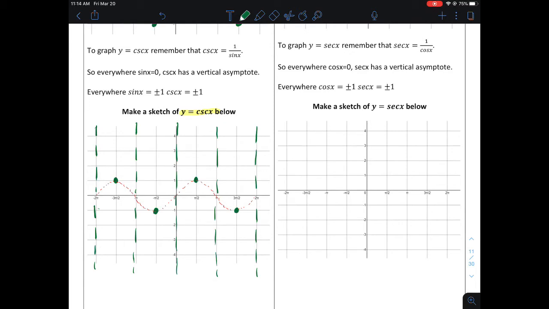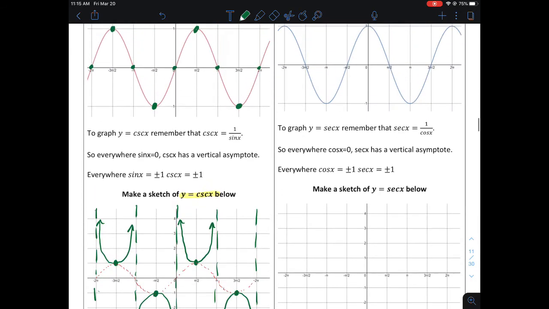So if I start at negative 3 pi over 2, it also has to display unbounded behavior as it approaches an asymptote. So it's going to bend, it's going to turn in the other direction from sine. So it's going to make a bunch of U's and N's, I guess you could say. So that's how I would graph cosecant.